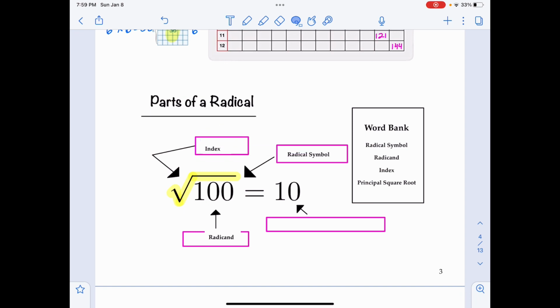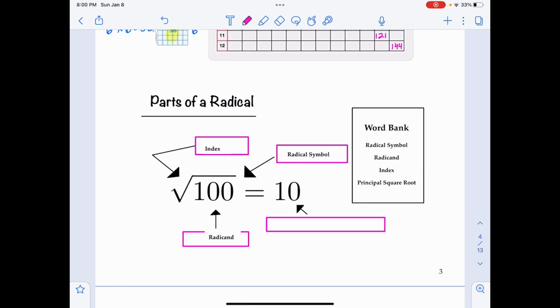The index is this space right here. When there is nothing in that space, it's assumed that we're looking for the square root of the radicand. In other words, we're looking for two identical values that, when multiplied together, will give us the radicand.